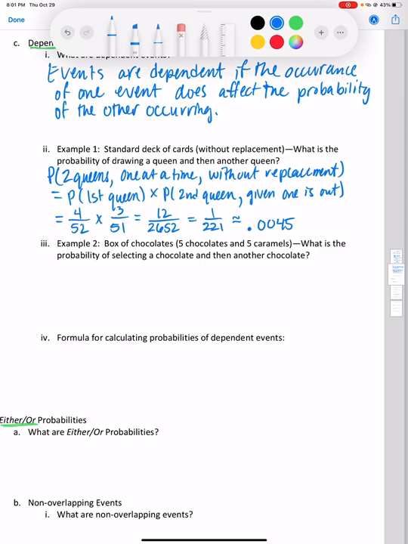Let's think about a box of chocolates, our next example. There are 5 chocolates and 5 caramels in a box. What is the probability of selecting one chocolate and then another chocolate? Okay, so we're thinking about the probability of getting 2 chocolates, one at a time, without replacement.